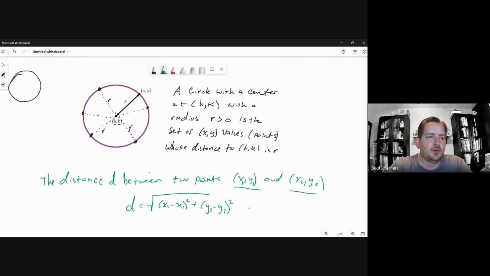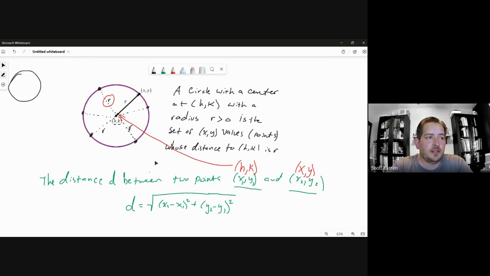So this is my general distance, but if I choose a particular point, let's say x1 and y1, instead of those generic points, are h and k, the center of the circle. And since I no longer have two generic points, I'm going to replace x2 and y2 with a generic x and y, where x is free to change, y is free to change, and I'm interested in having them r units away.